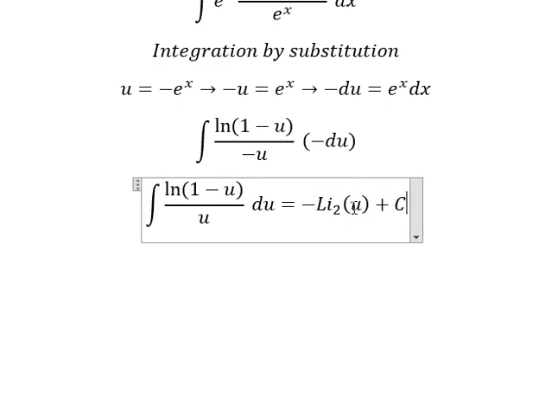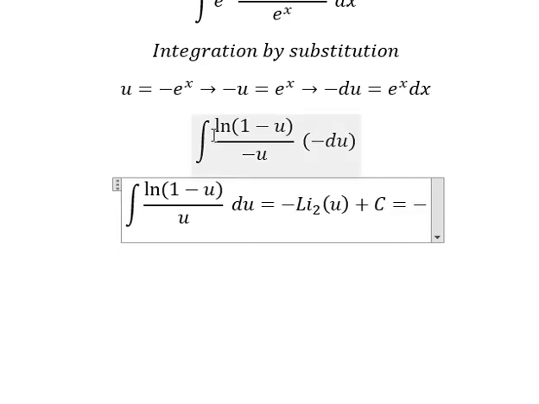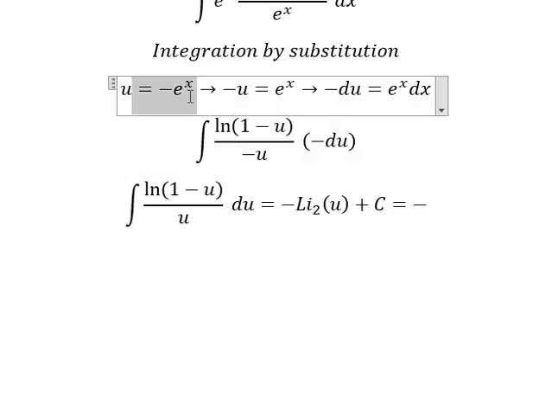That is a constant. This one is about the logarithmic equation. So this is about the special functions in here. About u, that is this one.